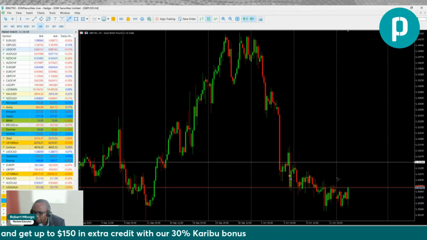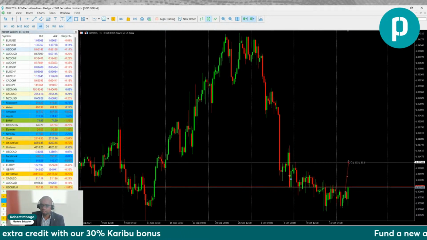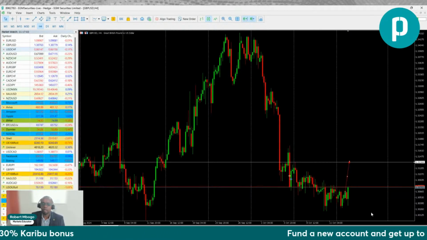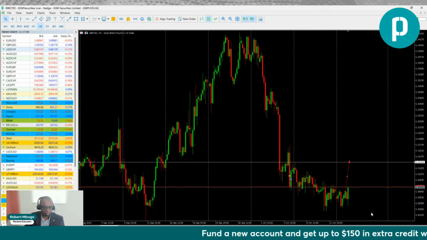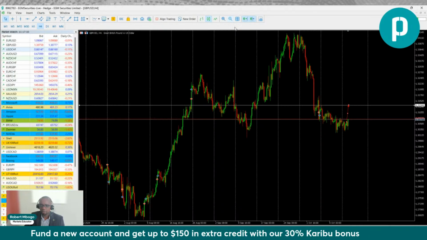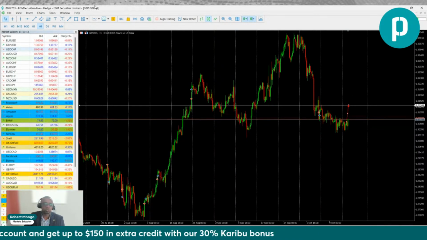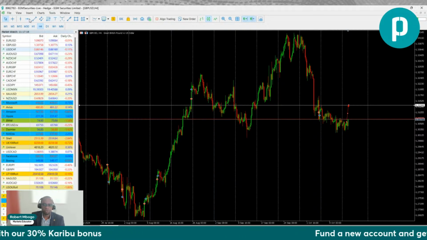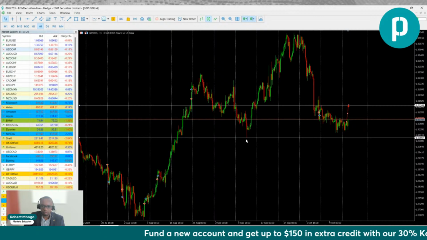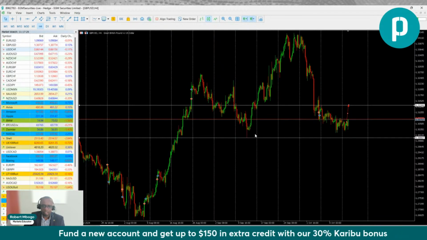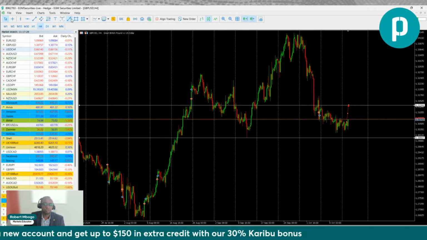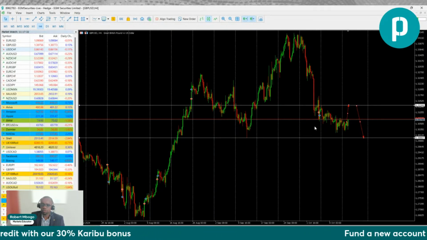So I would want to see GU probably push to 31.34 and then encounter some resistance before maybe a bearish push, because I'm still bearish on GU. So this is an opportunity for me to sell GU at a cheaper price, because I would want to see GU test last month's low. You see this low over here, the September low. This is an area I would want to see GU get to. So probably I would want to see that bullish push and then a bearish push to that low over there.